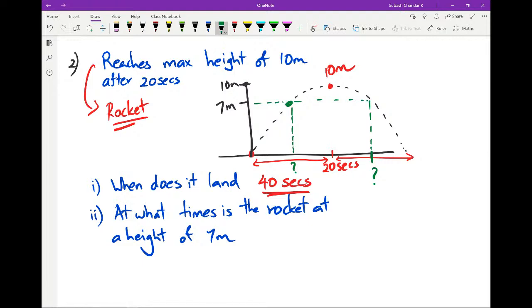And that's why you need a graphics calculator, because for the second part of this question, I'm going to show you guys how fast you can do this with a graphics calculator. To try and do this without a graphics calculator is a lot of work. So that's why you definitely need a graphics calculator for this.